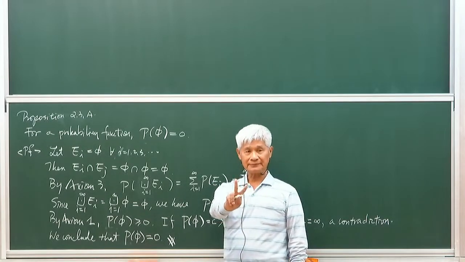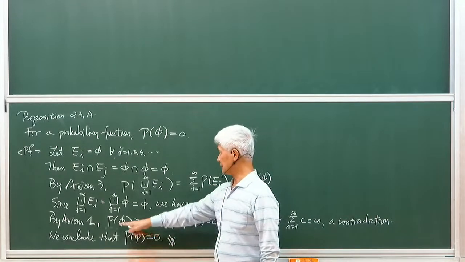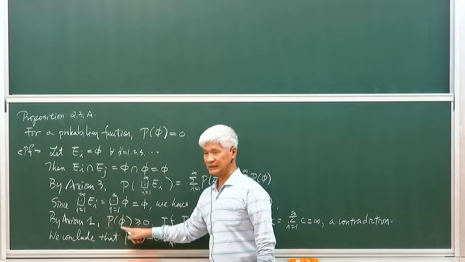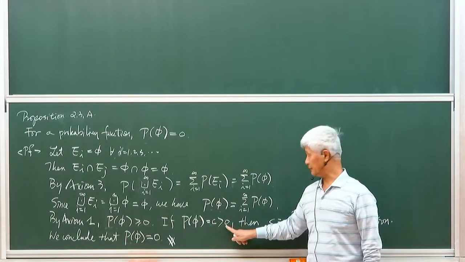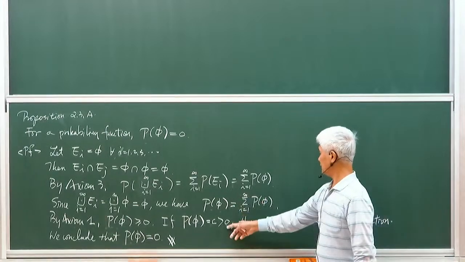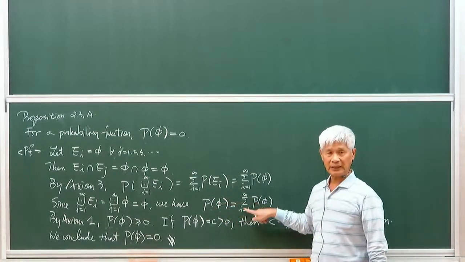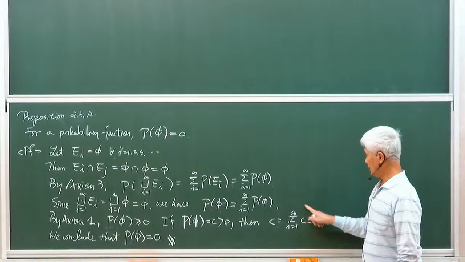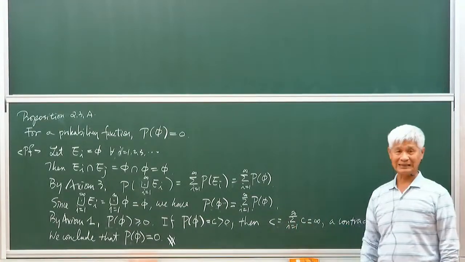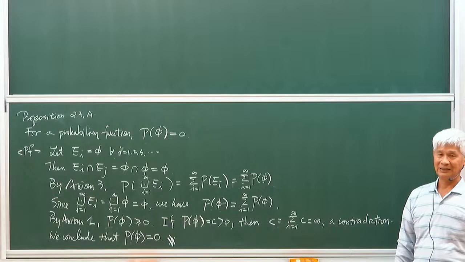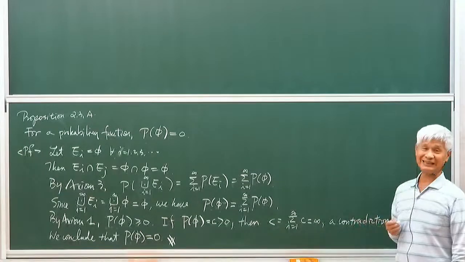Only two cases. Now we first consider that this quantity C is positive. Then I substitute into this identity, and you get C equal to this summation. But this summation is infinity, so you get a contradiction.